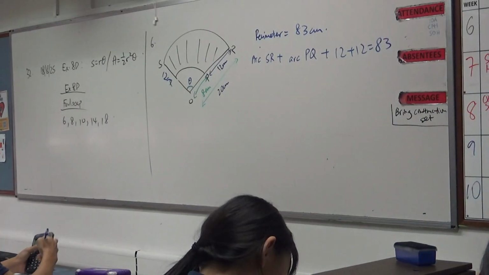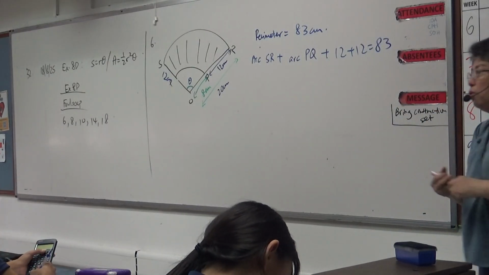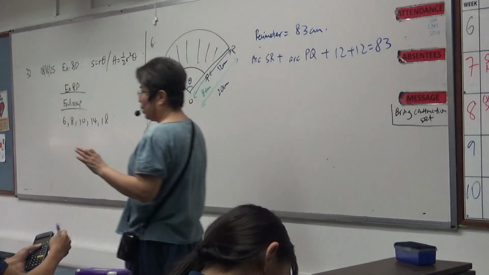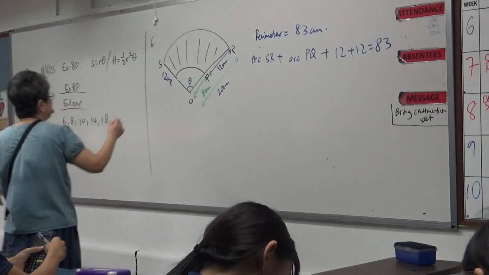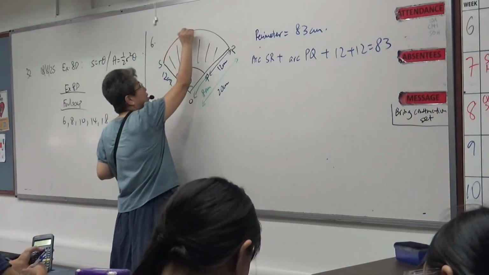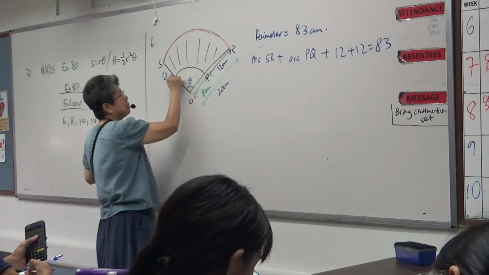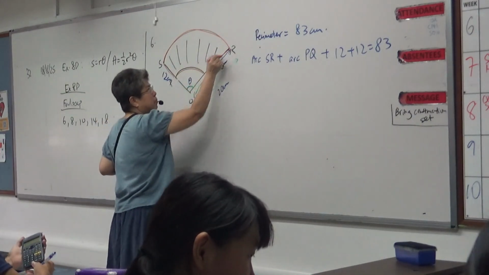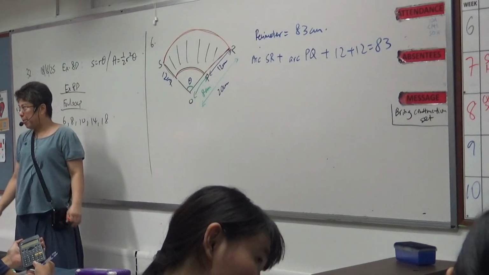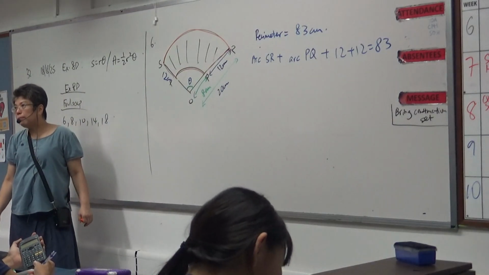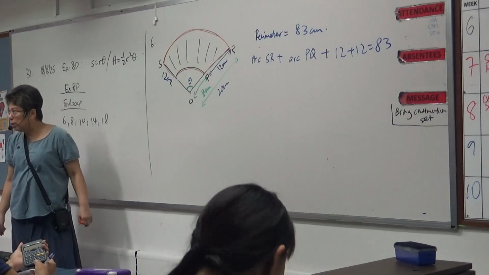I need to know if you understand what I'm saying. This one is not as simple as this. Now, can you see? I will have arc SR plus arc PQ plus 12 plus 12, then I'll get 83, right?